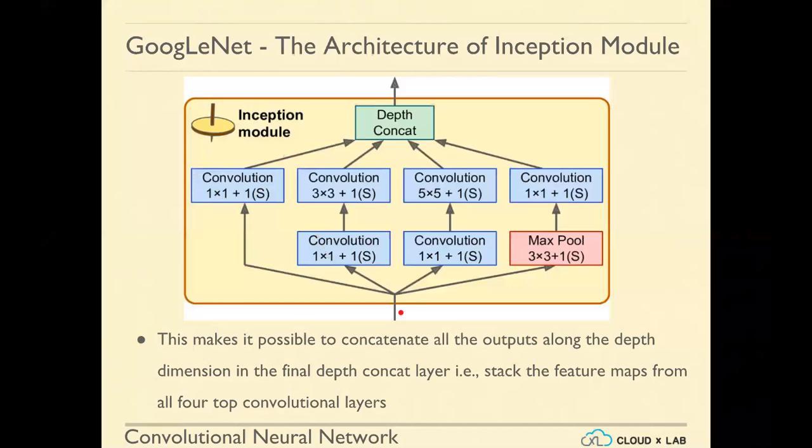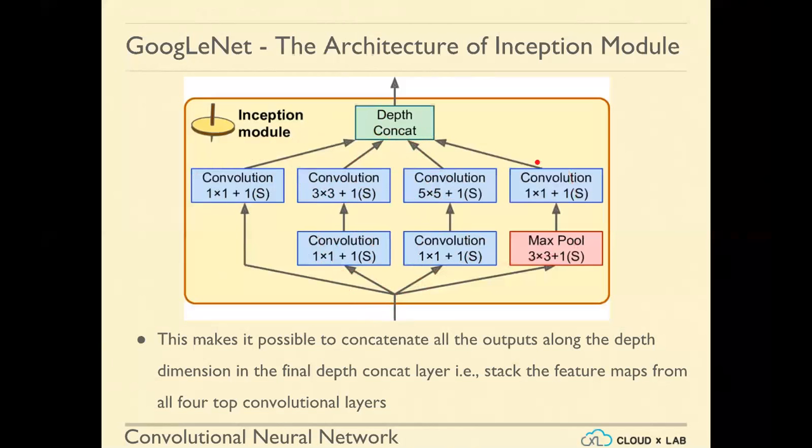Then the same image will pass through this convolution first, followed by the second convolution here, and then it'll generate some feature maps. Similarly, the same image will be fed to this convolution network, followed by this one, and it'll generate some feature maps.